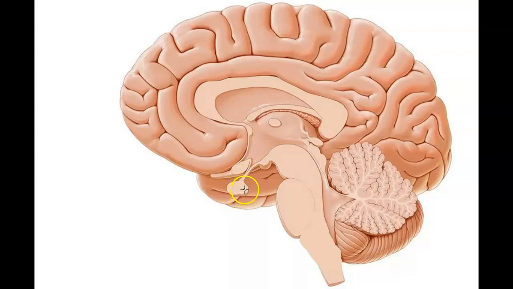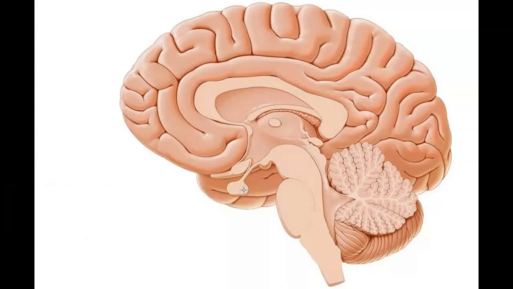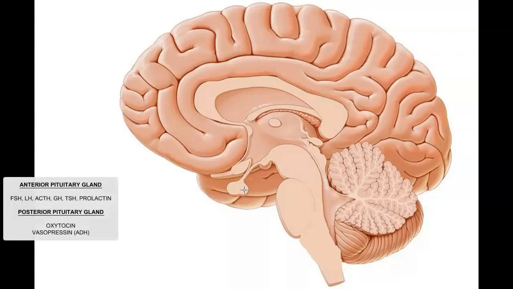If you go a little bit below that, you have this little stalk extending gland called the pituitary gland. It has an anterior and posterior section. And this has a lot of endocrine hormones. The anterior has quite a few more hormones than the posterior pituitary. Posterior pituitary has oxytocin and vasopressin, whereas the anterior pituitary has anything ranging from follicle stimulating hormone and luteinizing hormone, which are some of your reproductive hormones.